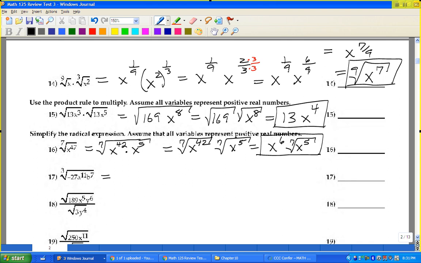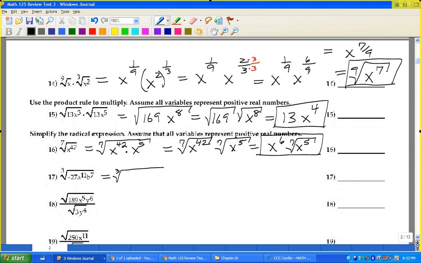So this is equal to the cube root of, let me write negative 27 a to the 11 b to the 7 as the product of two terms, one of which is the largest perfect cube factor of this expression.